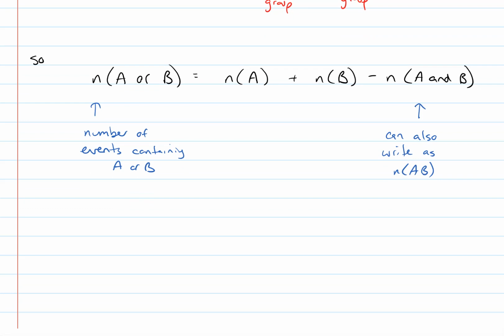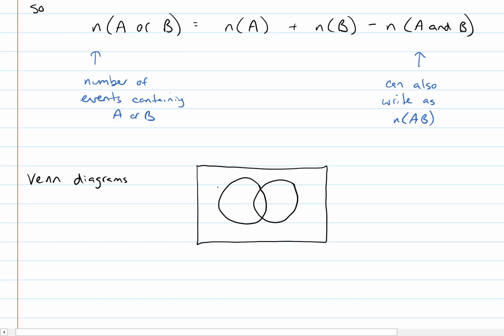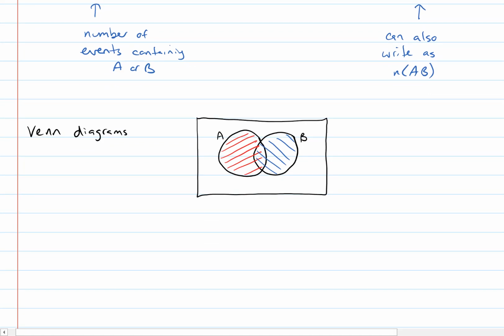Now, for those of you who remember anything about Venn diagrams, and this is optional, but it's a nice little visual if you like. If you draw a little Venn diagram here, and let's call the left one A and the right one B. Here are all the elements in group A, or the number of events in group A. Here are the ones in B. And so the ones in the middle, that little central area, are being double counted.